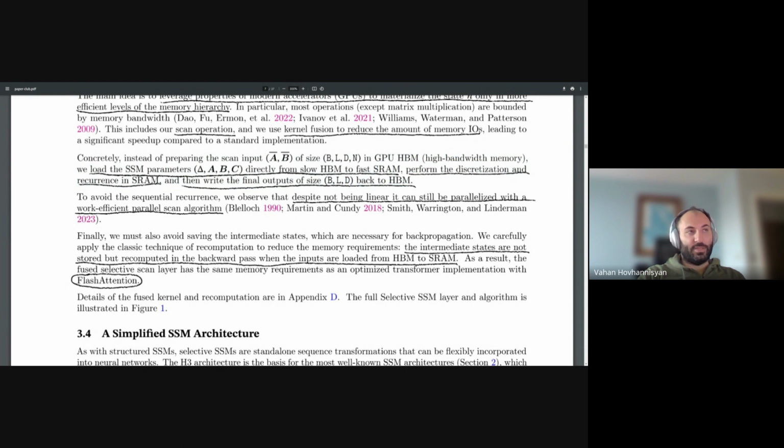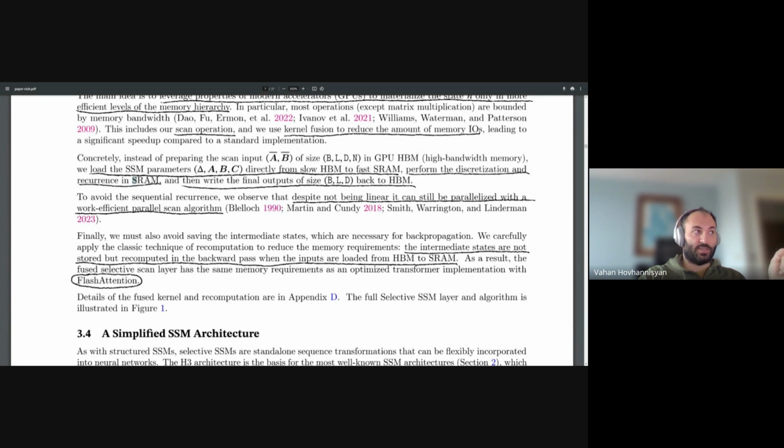So in theory, you still don't have linear time. They don't speak about the time complexity, but because you're able to do this in high bandwidth memory, you don't do the discretization and the recurrence computations.